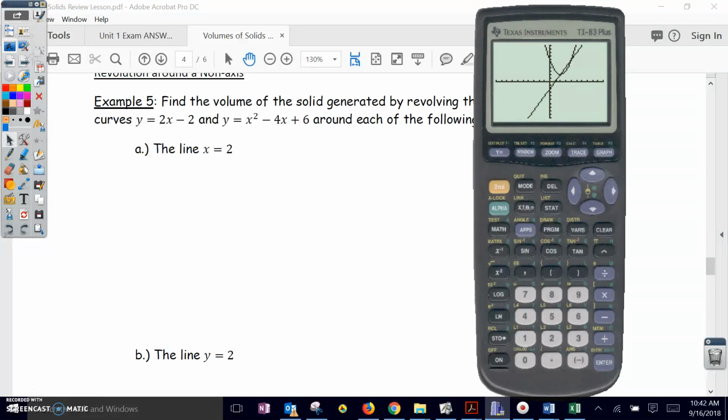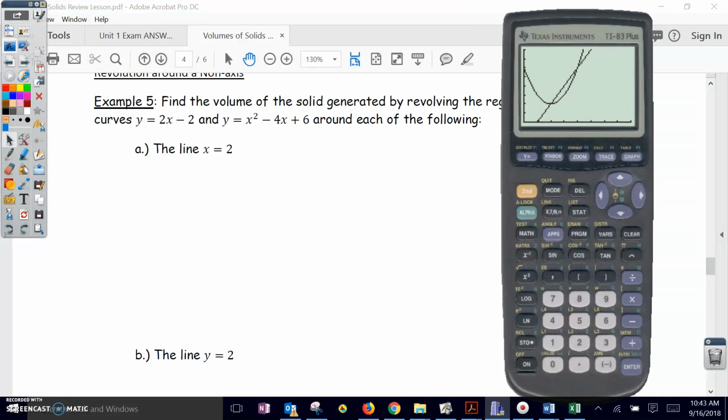And there are our two lines, and I'm just going to change my window here a little bit. I'm going to make my window from 0 to 8 so that I can get a little bit better of a look at this graph. Make it from 0 to 8 in both directions, which should capture the whole graph. Alright, there we go. So we're revolving this region.